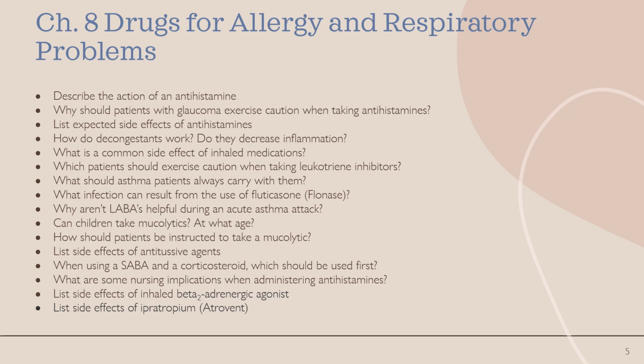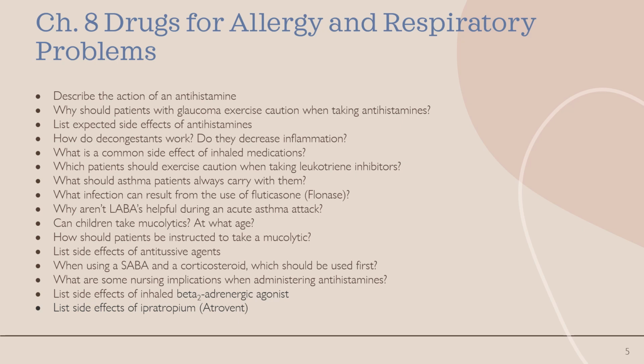Why aren't LABAs helpful during an acute asthma attack? We can see this on page 124. Some beta-2 adrenergic agonists are long-acting drugs. Although they work in the same way as SABAs, they tend to take time to build up an effect, and their effect will last longer.